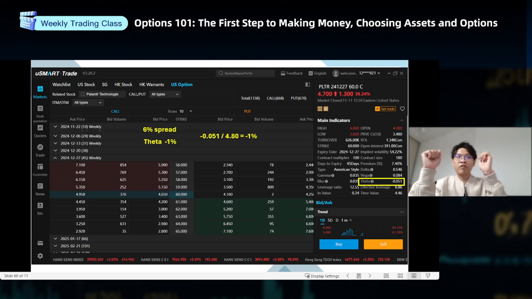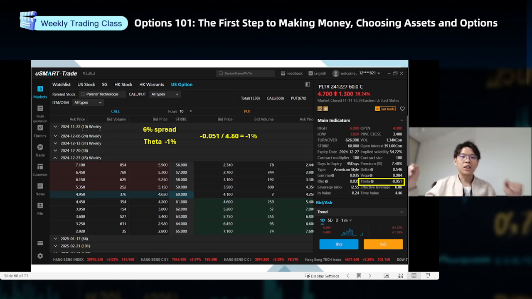And then a 5 cents time decay, which means that across one day, the $4.80 premium will be dropping to $4.75. So if you do the mathematics, you already know that the time decay is actually 1% each day in this case.